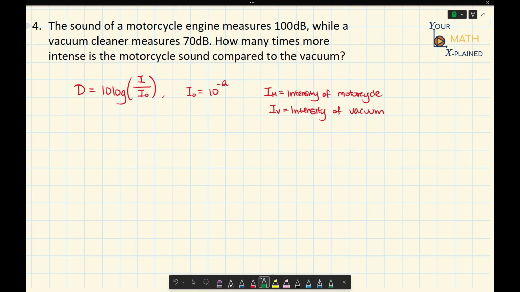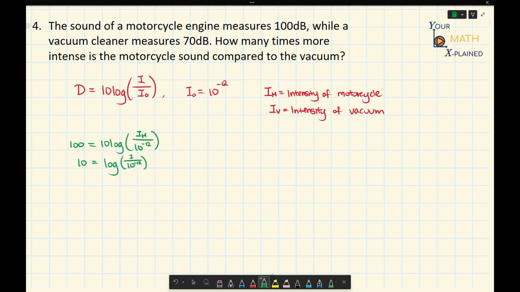First, let's find the intensity level of the motorcycle sound. We know that the sound of a motorcycle measures 100 decibels. That gives us the equation 100 is equal to 10 times log of I sub M over 10 to the power of negative 12. Dividing both sides by 10 gives us 10 is equal to log of I sub M over 10 to the power of negative 12.